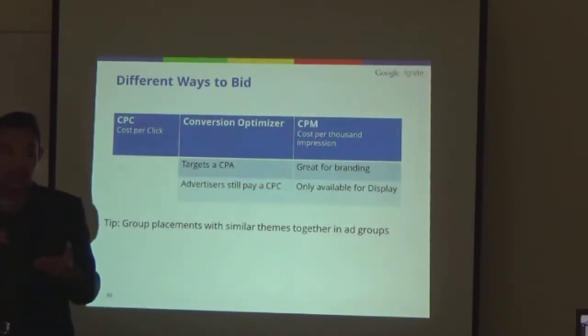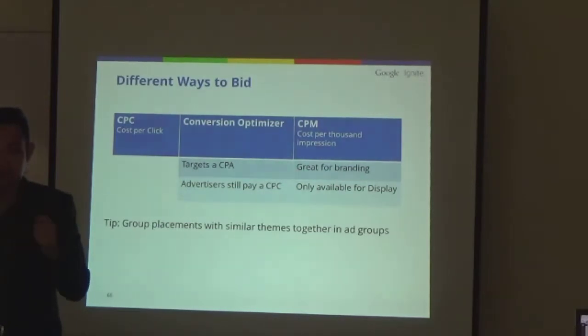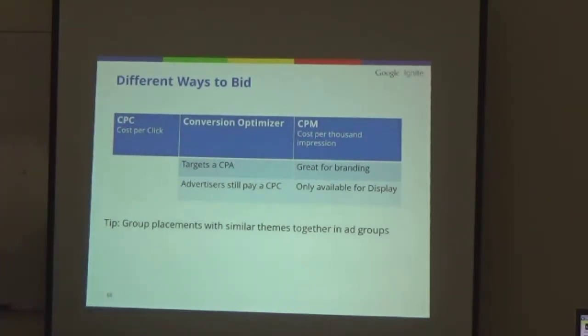So in short, they are targeting the cost per action or cost per acquisition to get more conversions here. But take note, in conversion optimizer, advertisers still pay on a cost per click model. They are still paying per click in that sense, not in other ways.